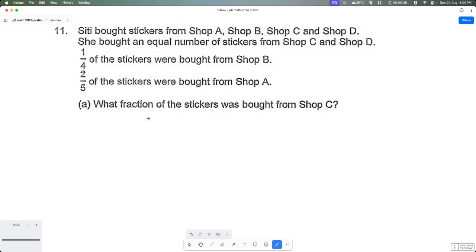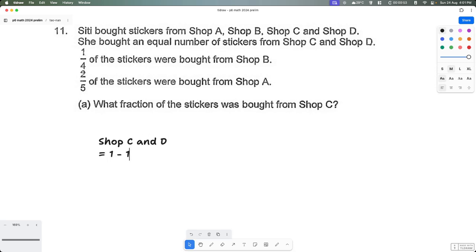For this, what we can do is look at shops C and D together, which is basically 1 minus 1 over 4 minus 2 over 5.